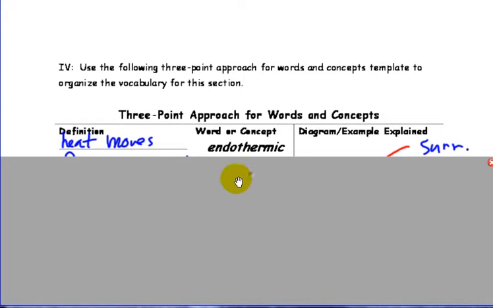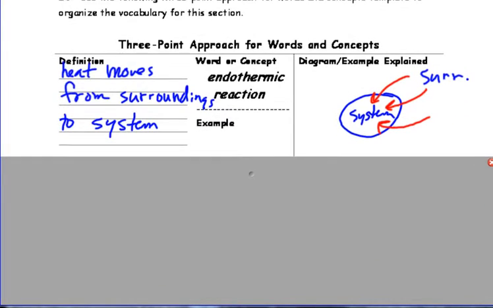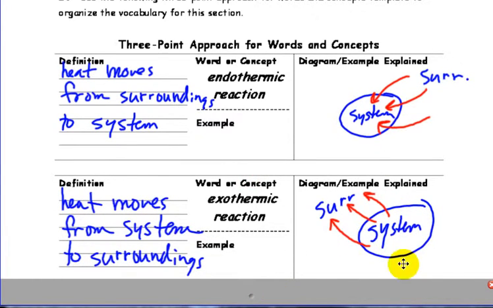Okay, finally the vocab. Now I think we defined these ones before, endothermic and exothermic, but just to go through that again. Heat going from surroundings to system is endothermic. Heat moving from system to surroundings or being released are exothermic reactions.